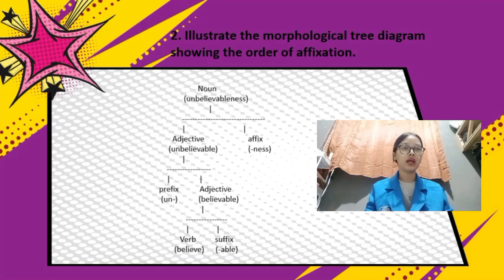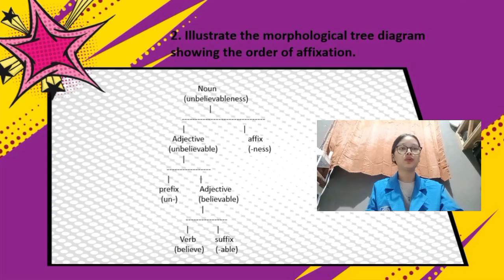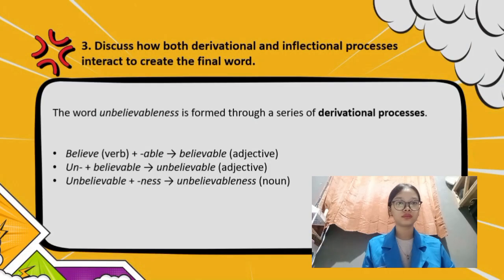So, the word unbelievableness is formed through several derivational steps, from verb to adjective to noun. In this example, there is no inflectional process involved because all the changes affect the meaning and word class, not the grammatical form. This shows how derivational processes can work together to create a more complex word from a single root.